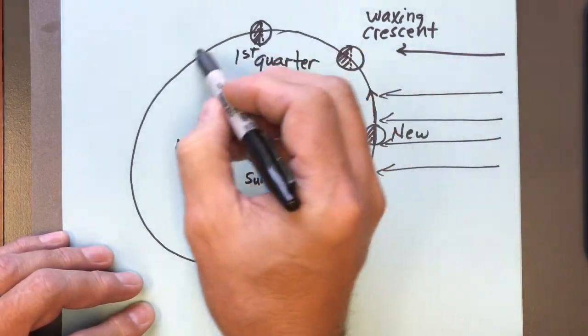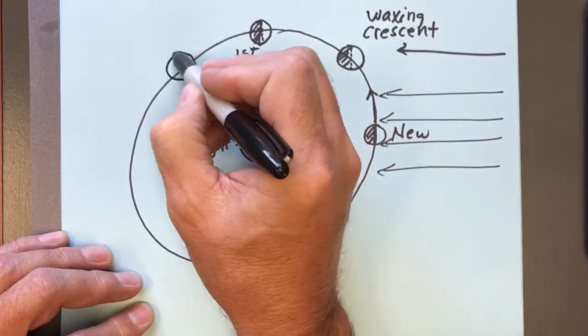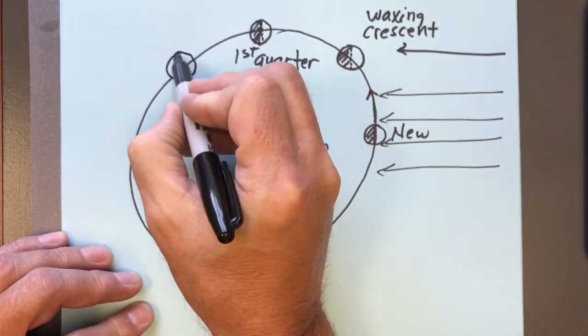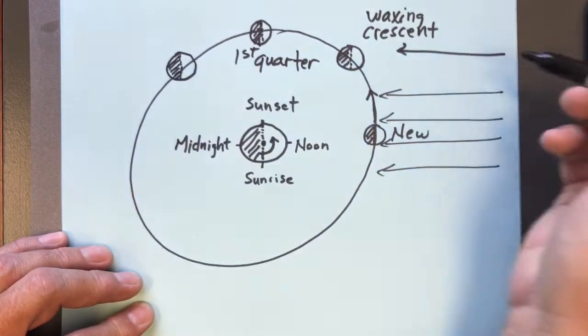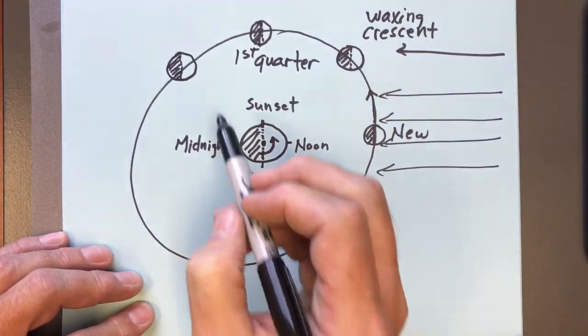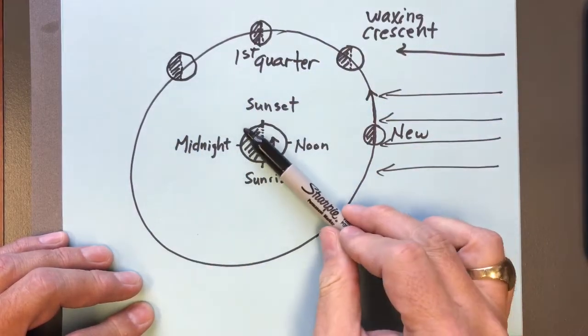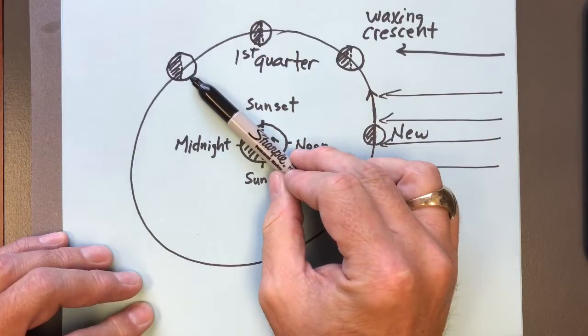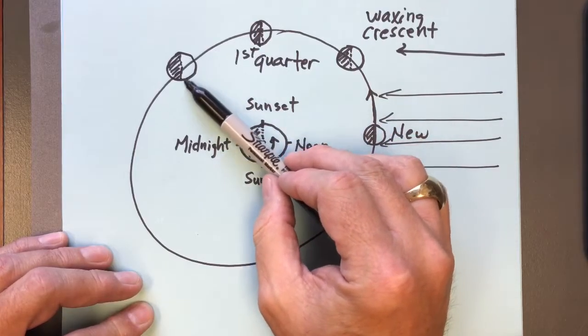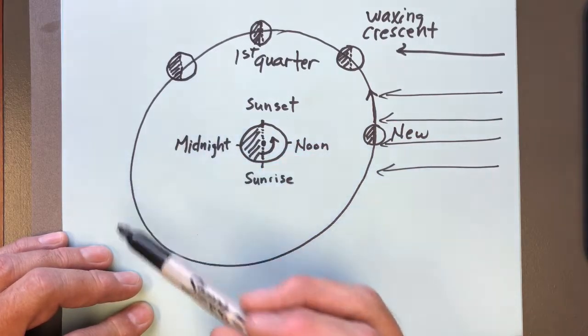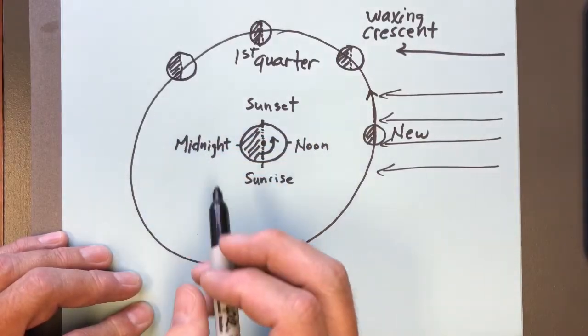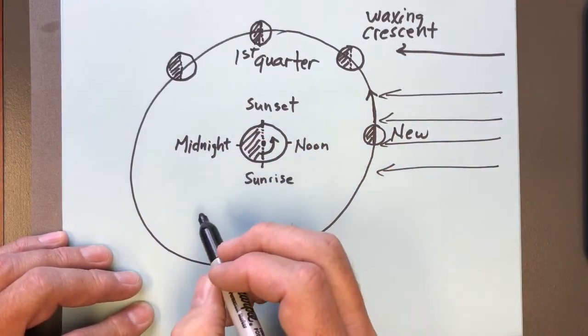Okay, now as we go around even farther, the moon's going to end up in this position here, half illuminated, half dark. Remember, the direction of the sunlight's coming in like that. But from your perspective here, when you get down in this plane and you look at it, it's going to be mostly illuminated, but there's still going to be a little bit of darkness visible from your position on Earth.